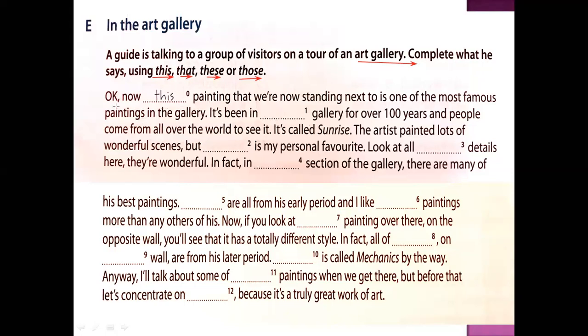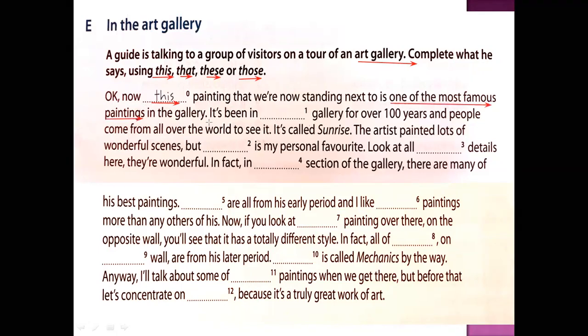For example, now this painting that we are now standing next to is one of the famous paintings in the gallery. Our pronouns are here. This and what else? One of those, one of the most famous paintings in the gallery.